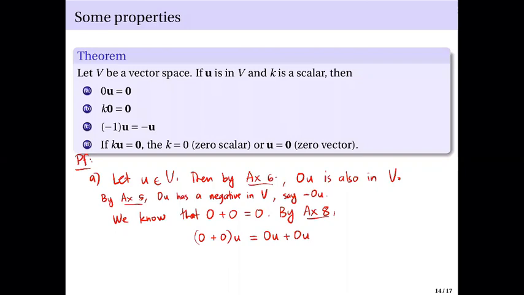And because 0 plus 0 is just 0, the left side is simply 0u.